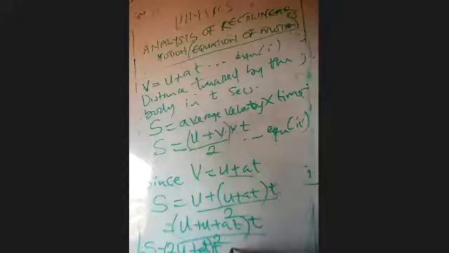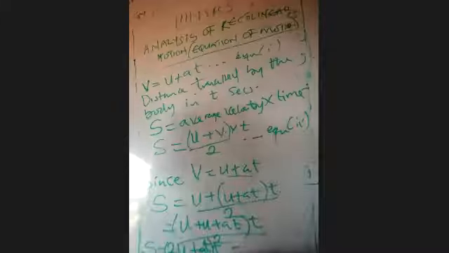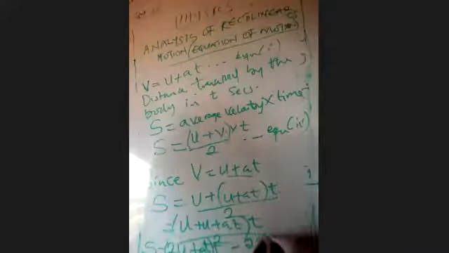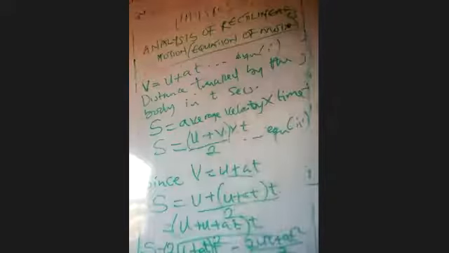Now, this will be equal to 2UT plus a t squared, all over 2. Nothing complicated.